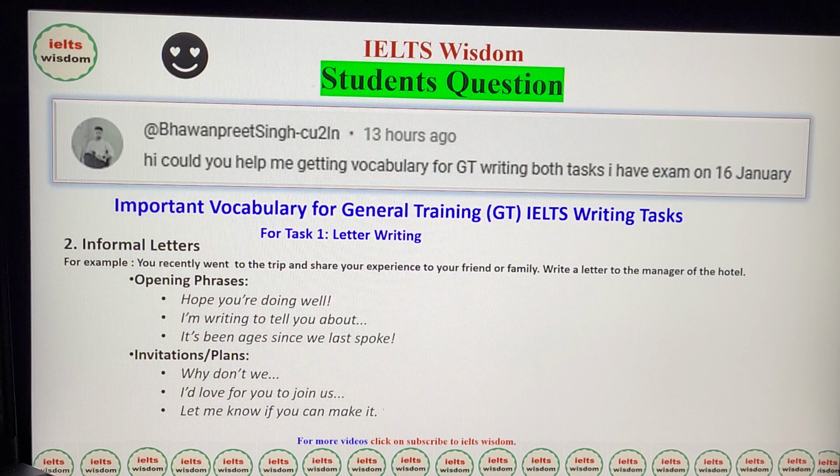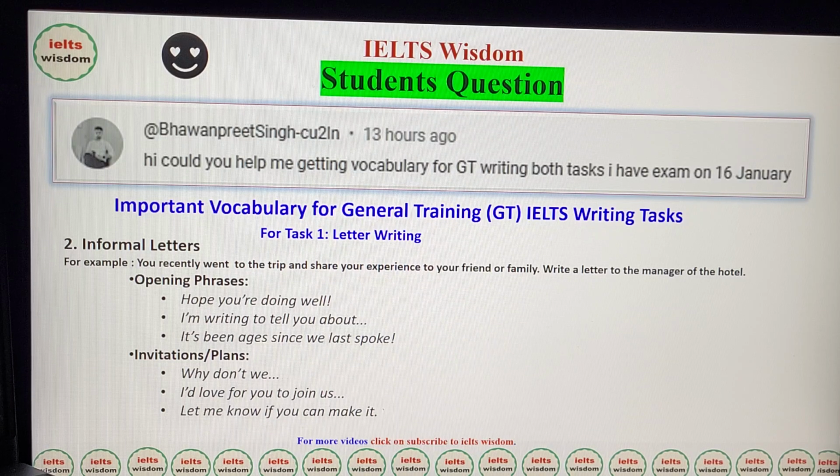Or "I would love for you to join us." This is the way you can say, "Why don't we?" This is when you are making a plan and letting them know that we are going to meet on this date. And "I would love for you to join us at this birthday party which you scheduled," with the date and time.